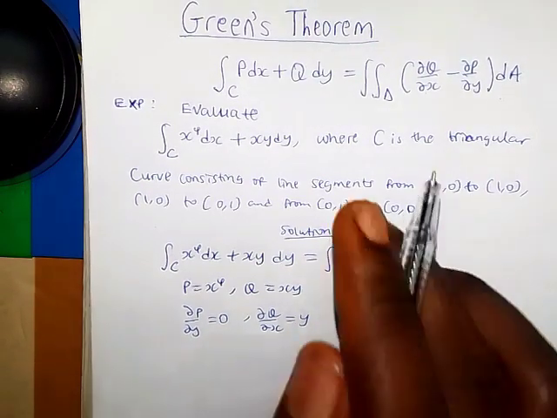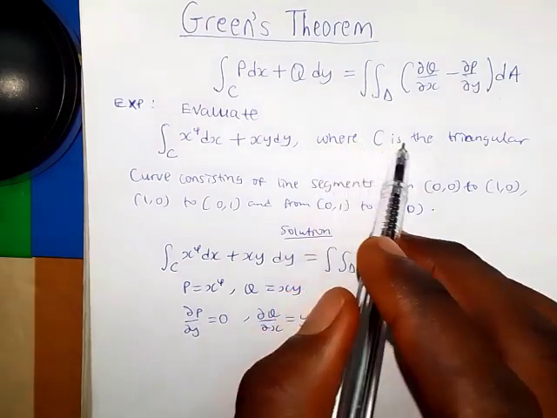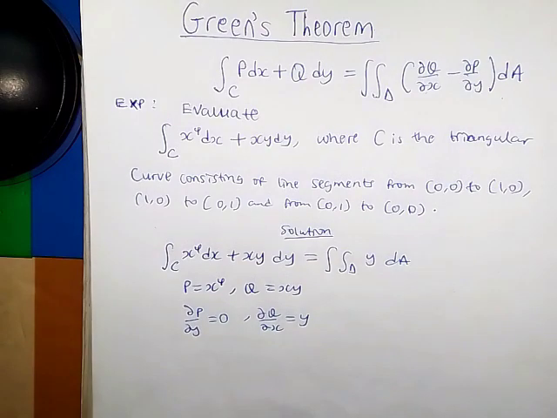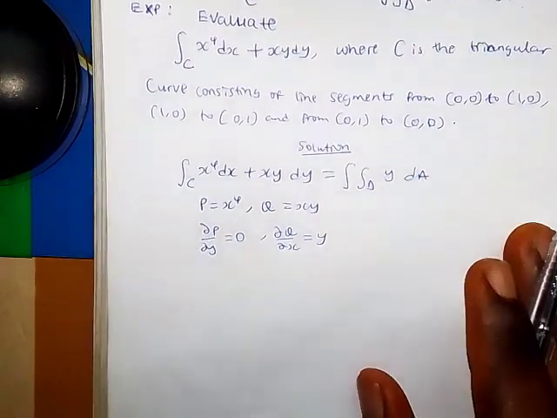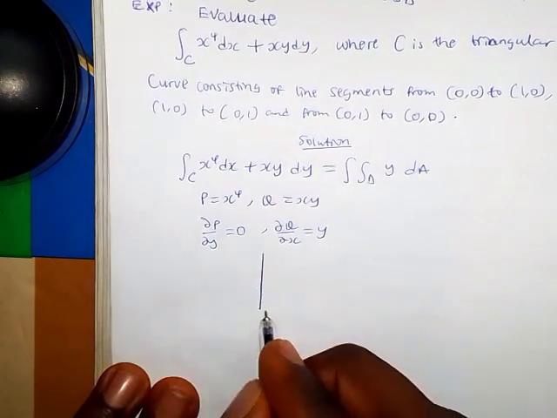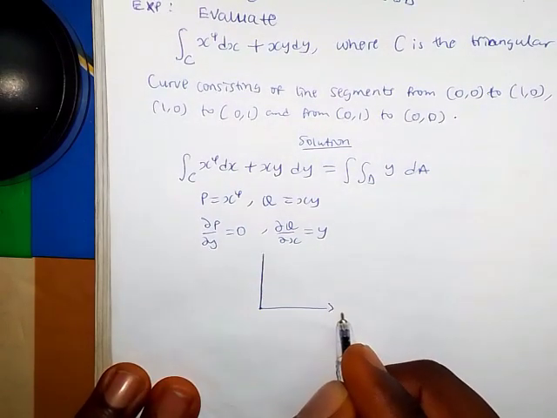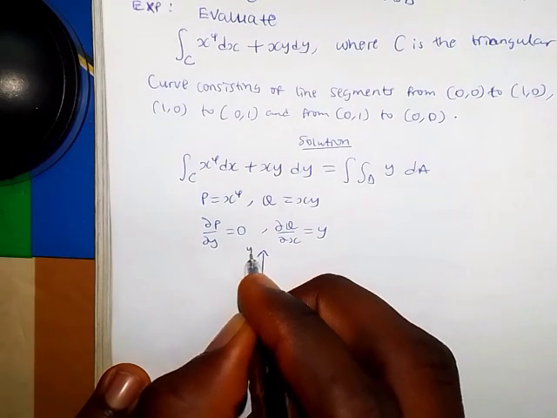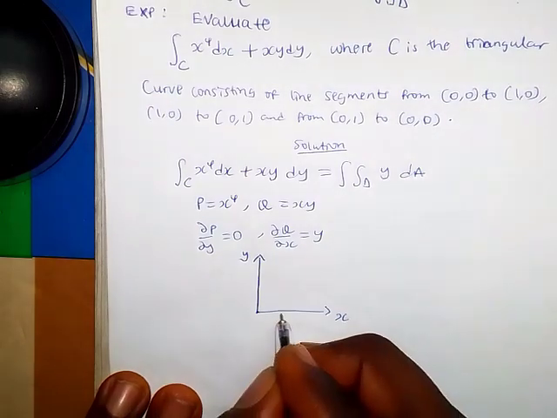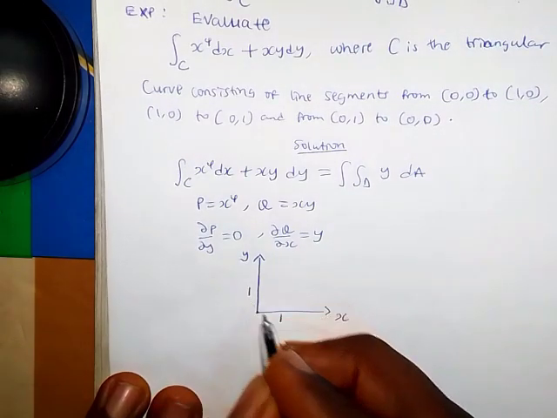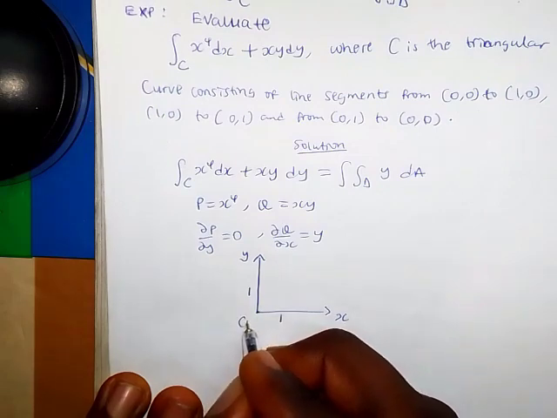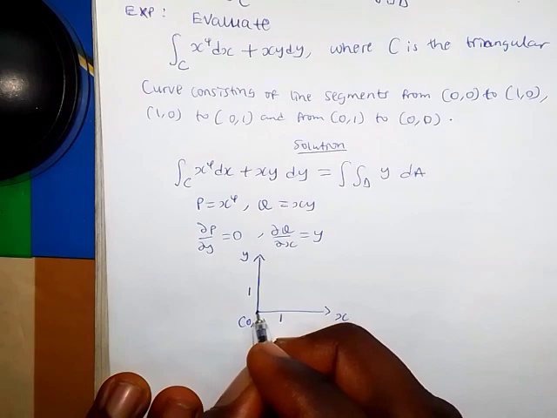The next thing to do is to find our limits of integration. From the question, C is the triangular curve consisting of line segments, so we are going to find the equation of each line. We have an xy plane, this is x, this is y. The first point is (0, 0), the origin.